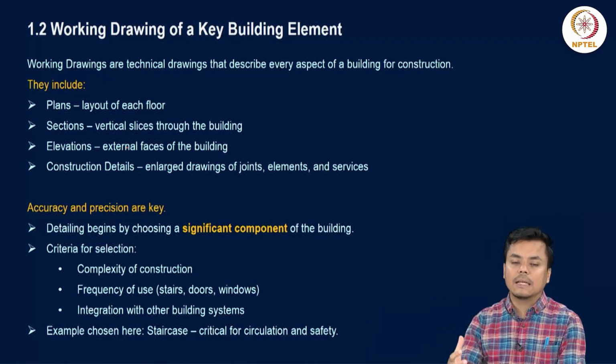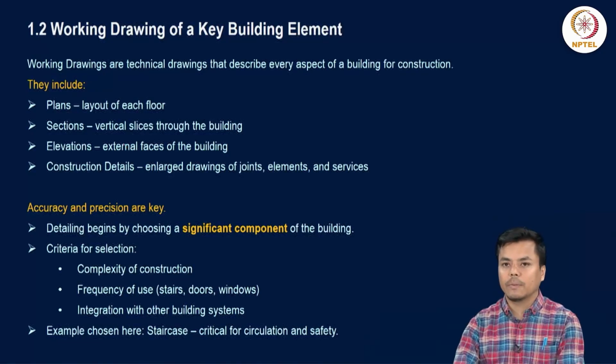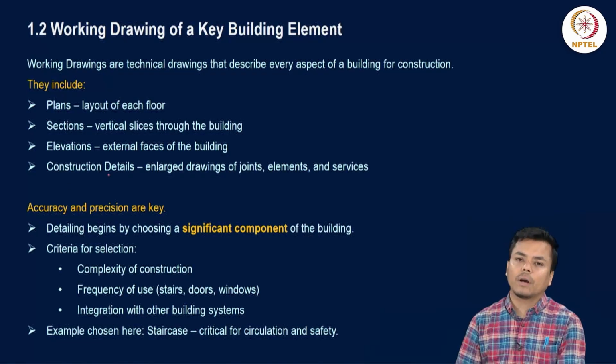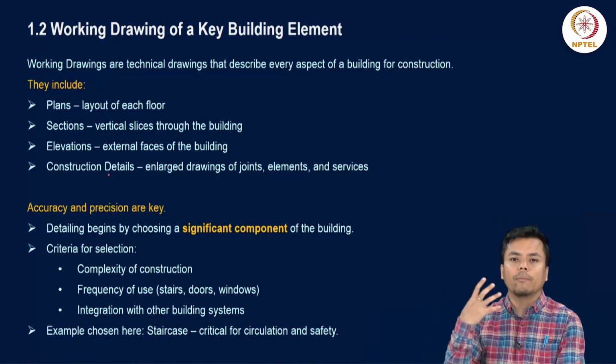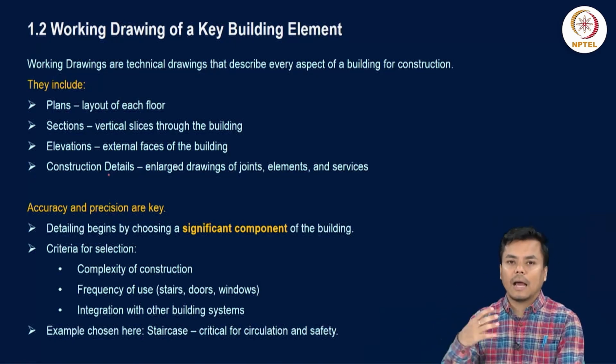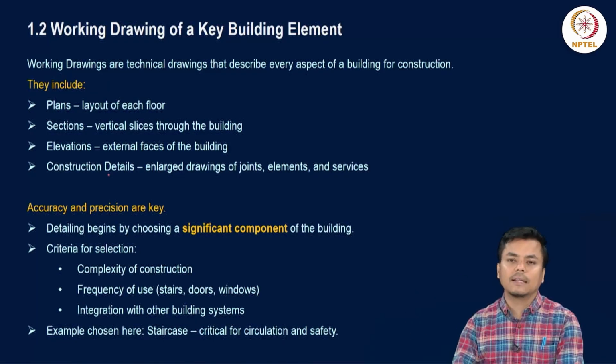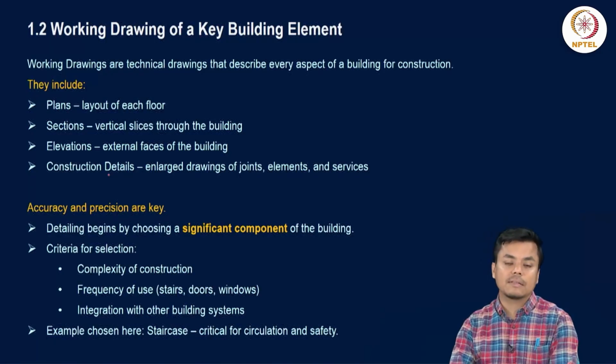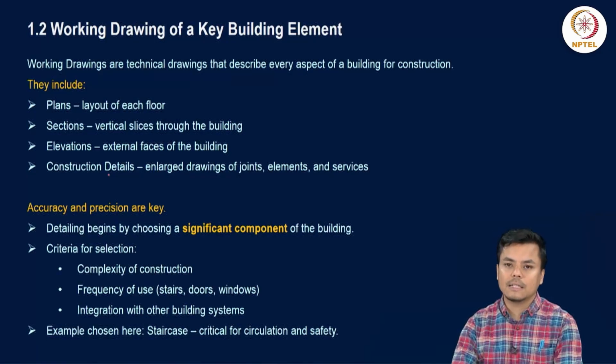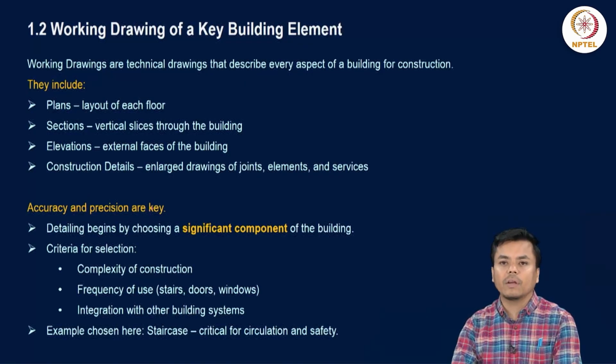So you can show the detail of those elements. Construction details like foundation, plinth beam, maybe the connection between the lintel, the lintel beam and the slab. So all those important junctions you can showcase in detail, and even the staircase or toilet may be showcased in detail. Accuracy and precision are key when it comes to preparing detailed drawings.